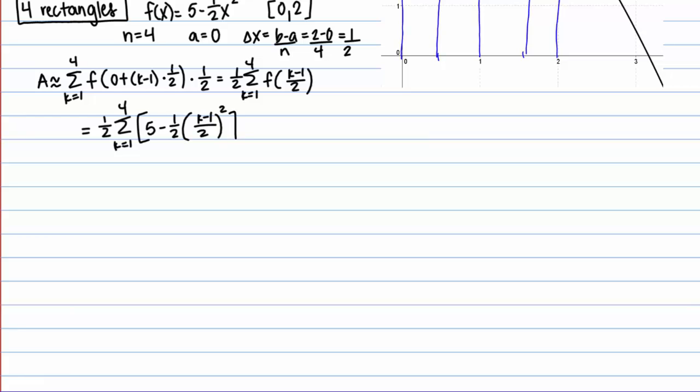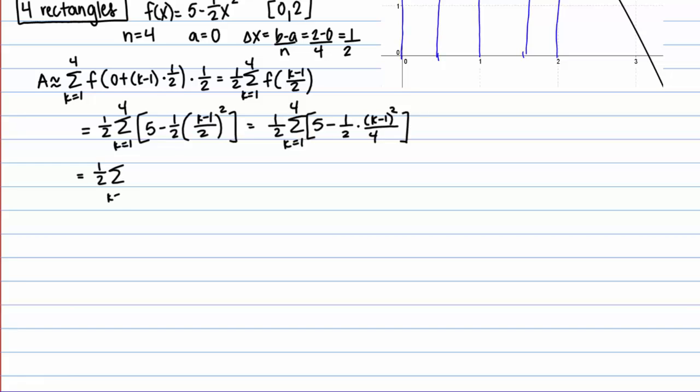I want to keep simplifying this because eventually I hope to use my summation formulas. So 5 minus 1/2 times k minus 1 squared over 2 squared, which is 4.